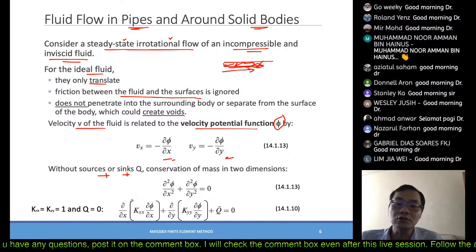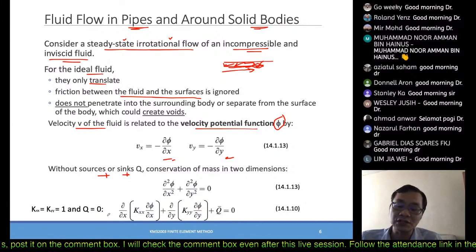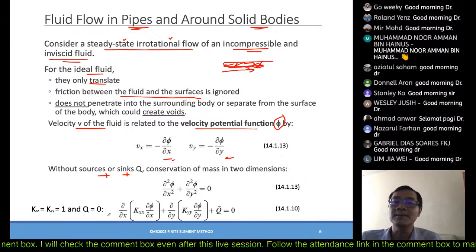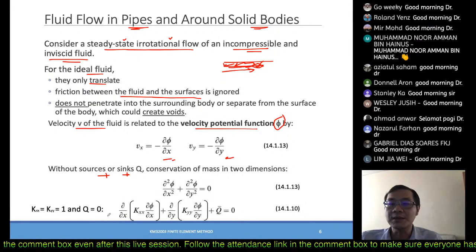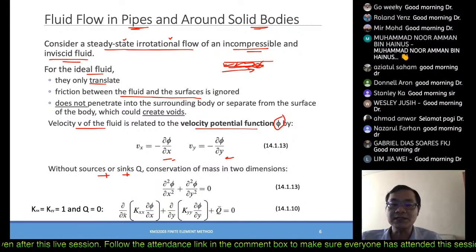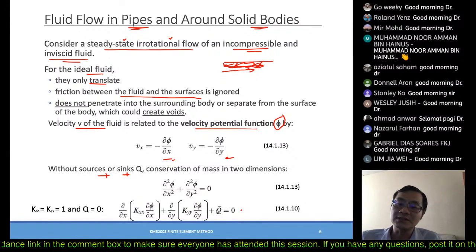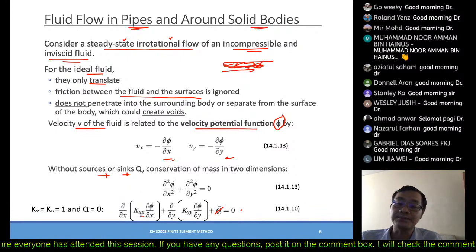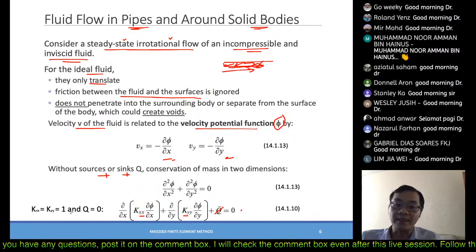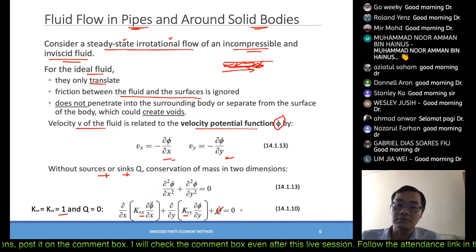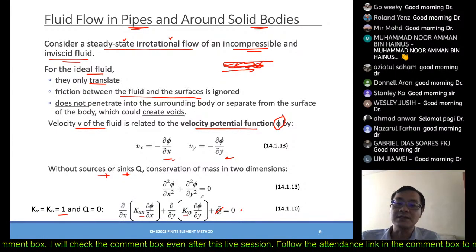If we compare to the previously derived equations for the fluid flow in a permeable material, in these equations we can see that these terms basically become 0, and this k term is just equal to 1, right? So now it becomes the same.